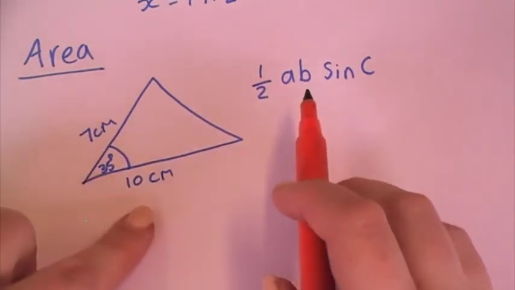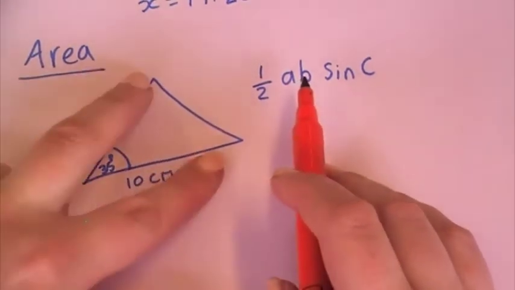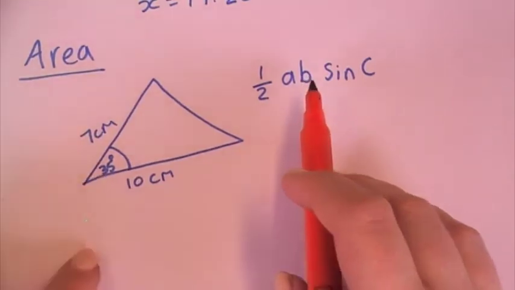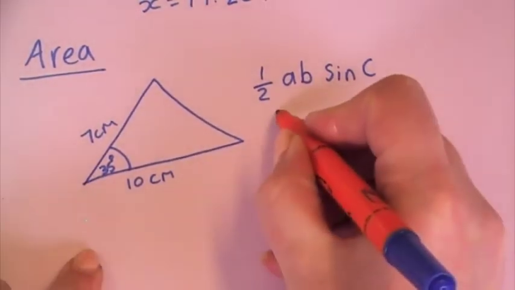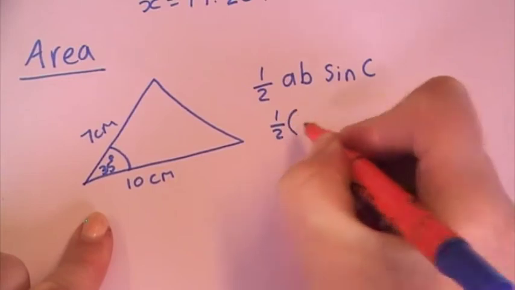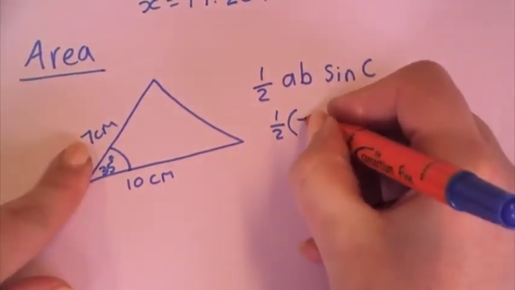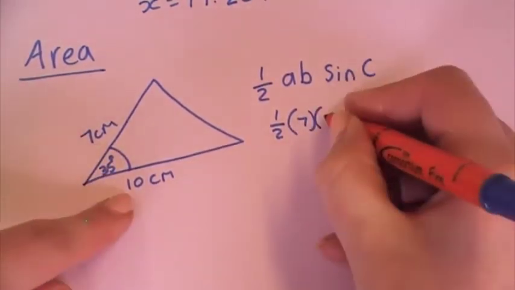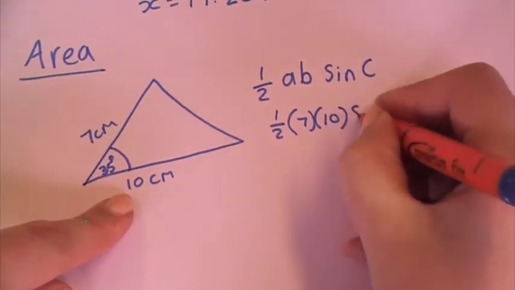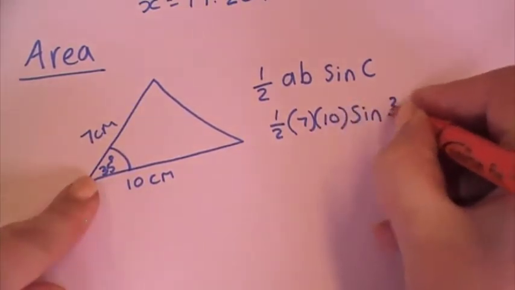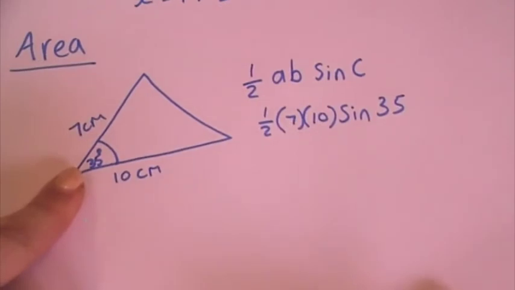It doesn't matter which way round it is, as long as the 2 sides are making a sandwich of the angle. So let's dump some values in. Half of, let's call that A, it doesn't matter. And let's call that B. And then sine C, which is 35.